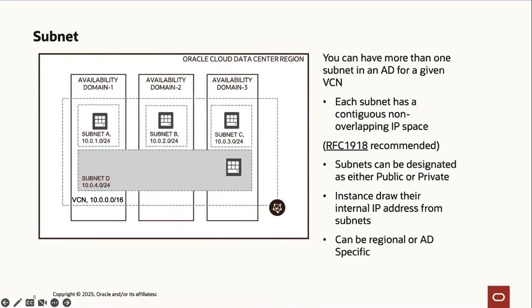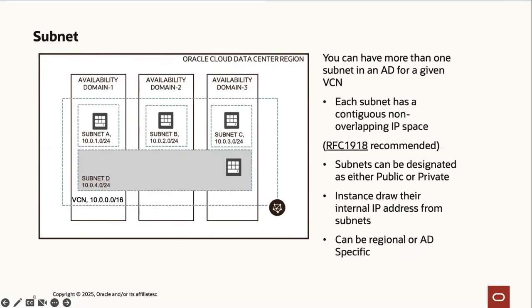Each subnet will have a contiguous, non-overlapping private RFC 1918 IP space, and these subnets can be either public or private. Instances inside private subnets will contain private IP addresses assigned to VNICs. Public subnets contain both private and public IP addresses assigned to your VNICs.